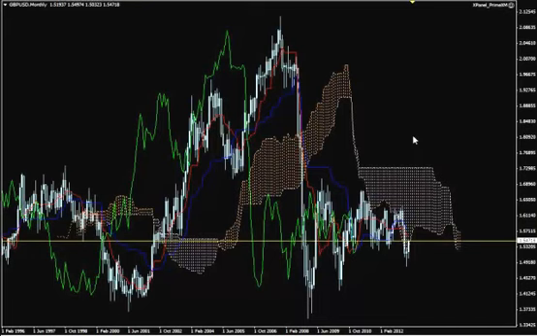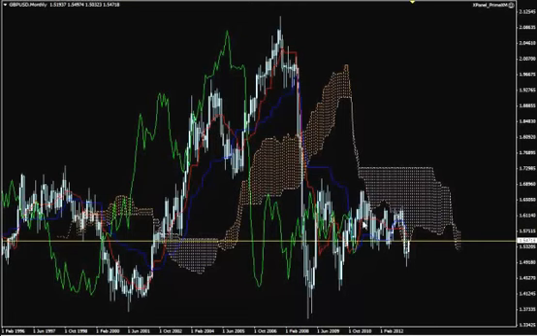So what we see here is a bearish cloud, a bearish Kumo, but the leading Kumo is bullish. The price has been pushed down by a heavy, big bearish cloud for a while.